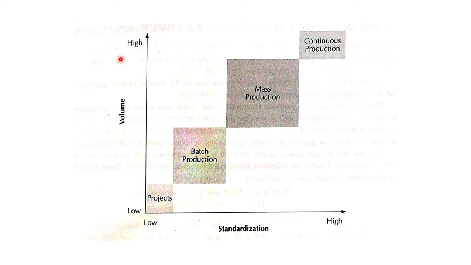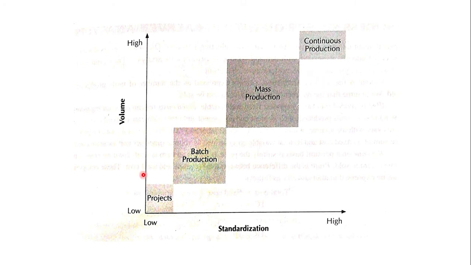To summarize the characteristics of each type of process, as we move from projects to continuous production, demand volume increases and products become more standardized as we go higher on the diagonal.